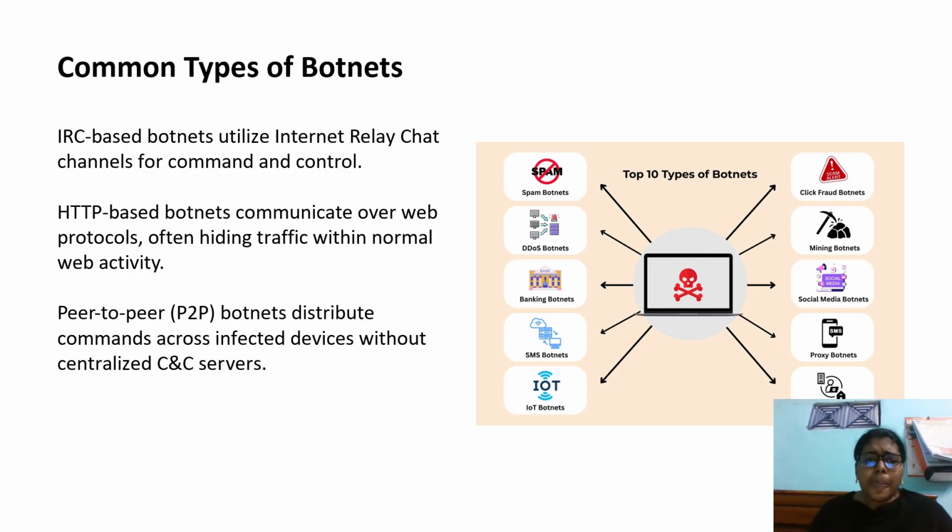C&C means command and control servers. In this we can see the top 10 types of botnets: spam, click, DoS, banking, SMS, IoT, mining, social media, proxy, etc. These are the types of botnets.